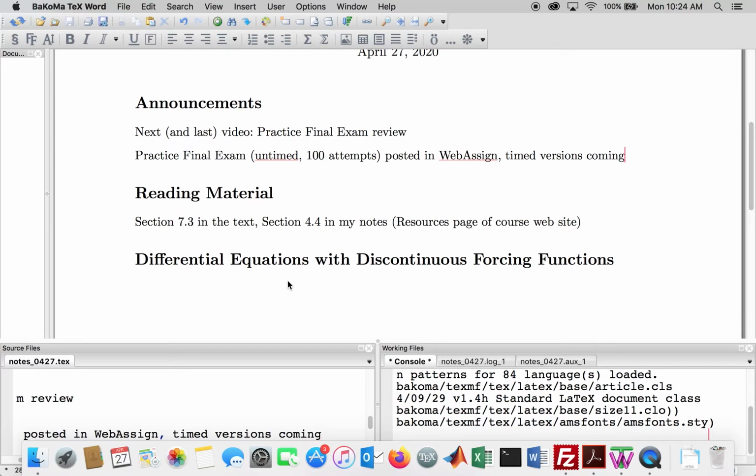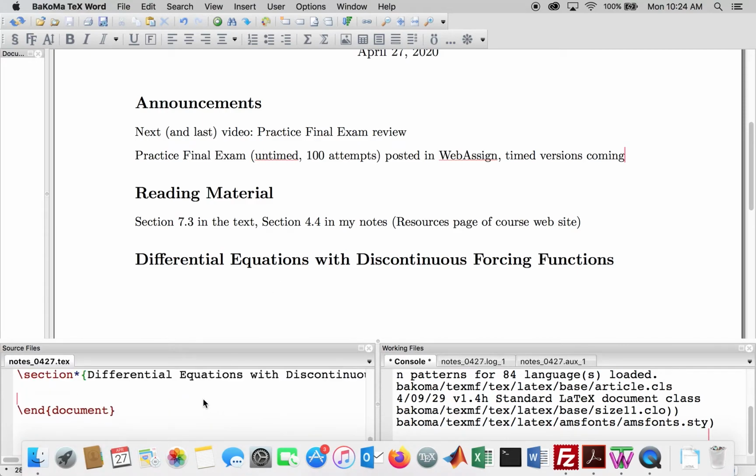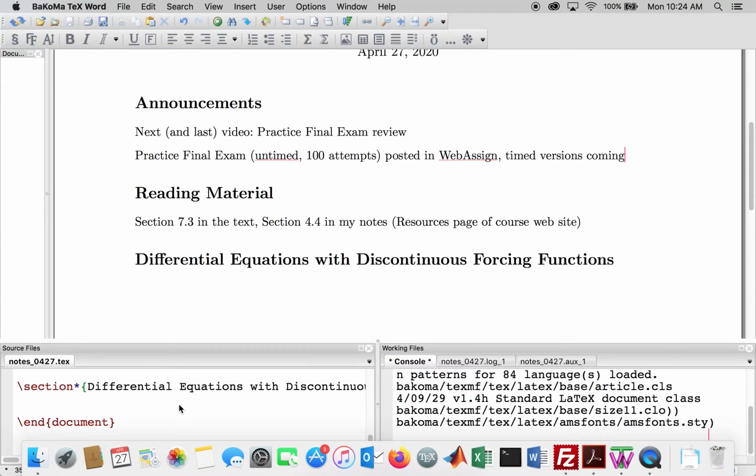Last time we learned how to write such functions in terms of unit step functions, also known as Heaviside functions, and then from there take the Laplace transform of them. So now we can take advantage of that knowledge for solving differential equations that include such functions. All I'm going to do is step through a few examples so you'll be ready to do the same thing on homework or the final.